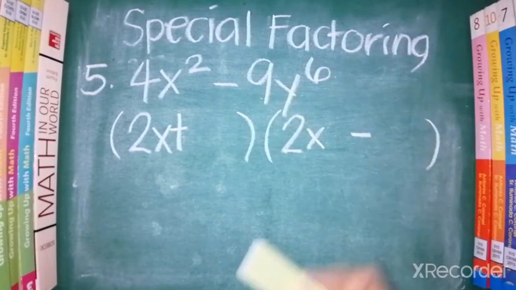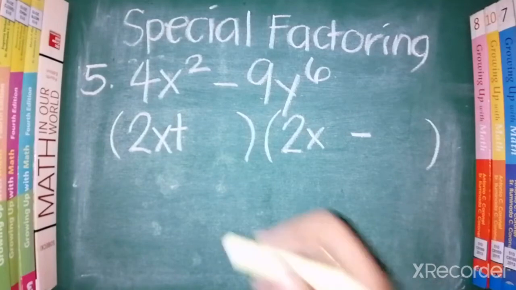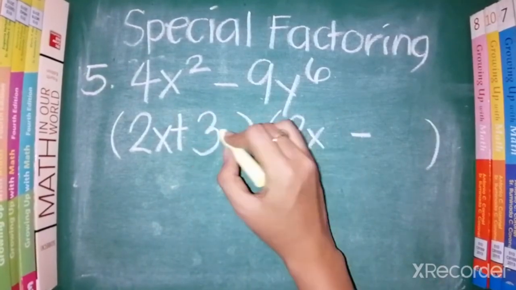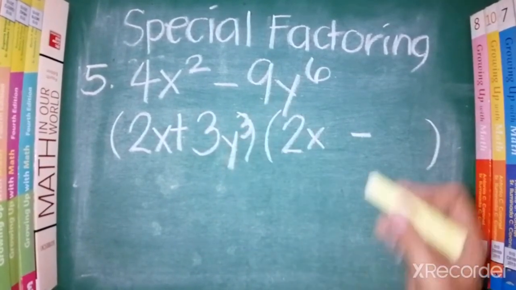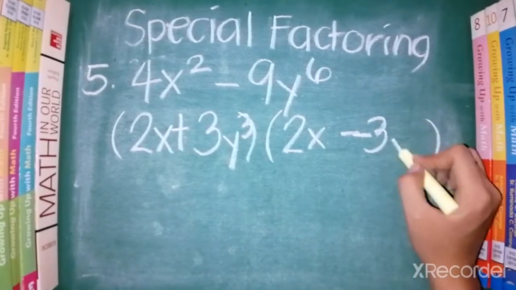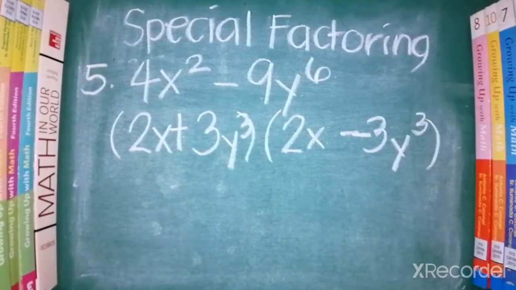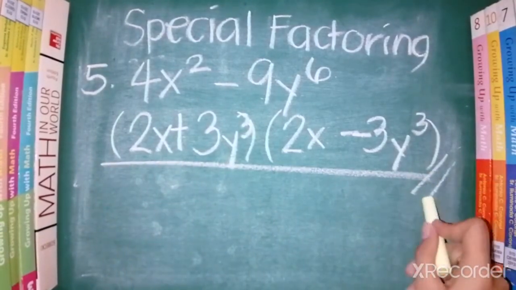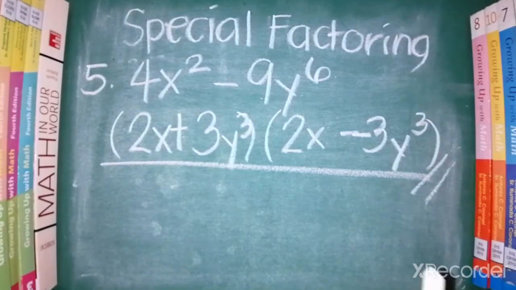And then 9y⁶, the same thing, you're going to take the square root. So you have there 3y³, and on the other side, you have 3y to the power of 3. So our answer is (2x + 3y³)(2x − 3y³). So always remember that in the difference of two squares, that is always plus and minus.